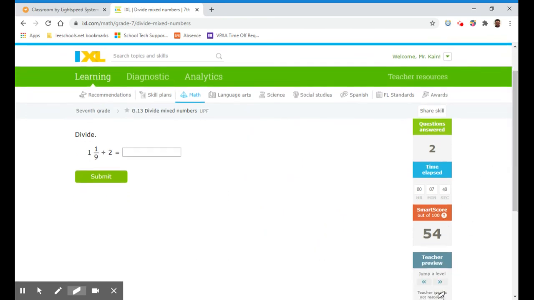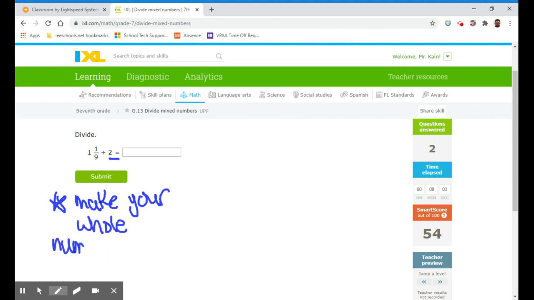The last type of problem is this kind of problem, okay? Sometimes you'll get whole numbers. So here's what I want you to do, and you probably have this in your Cornell notes already, but you need to make your whole numbers into fractions.